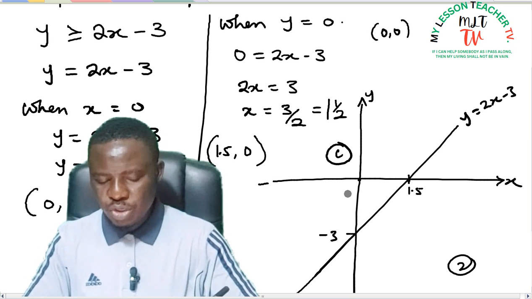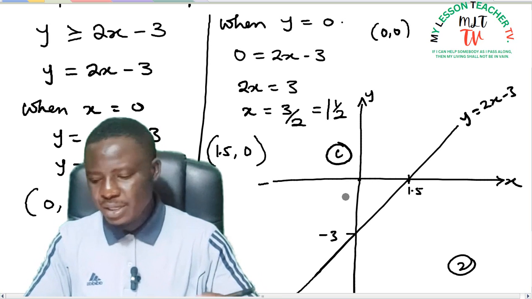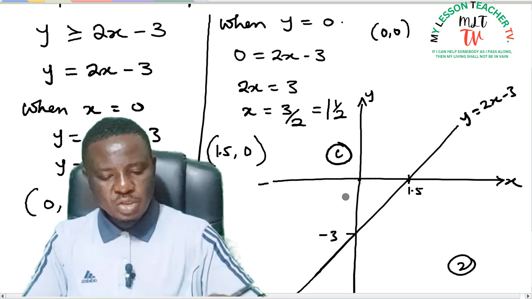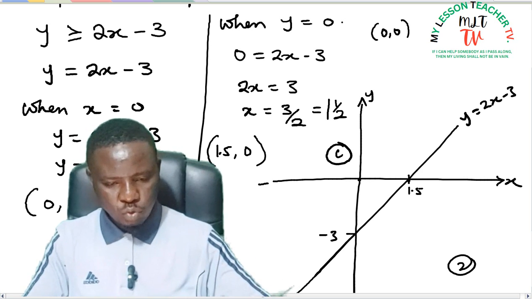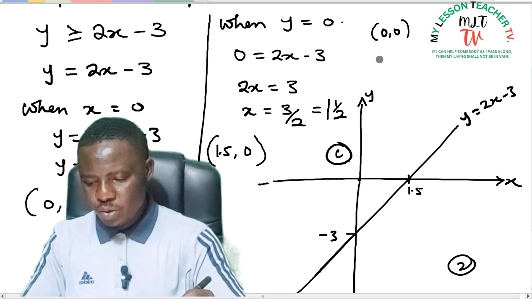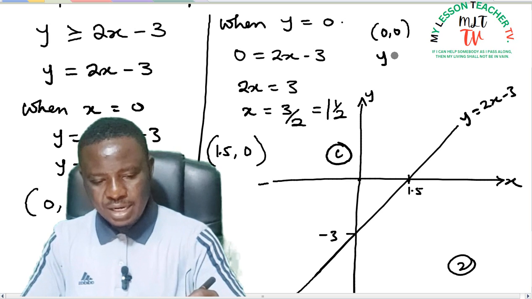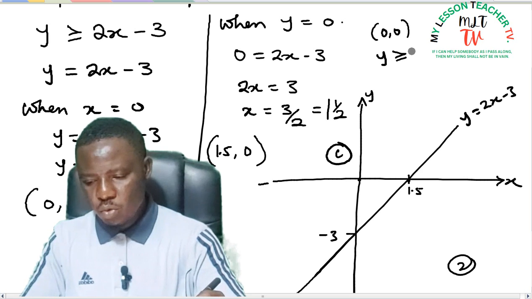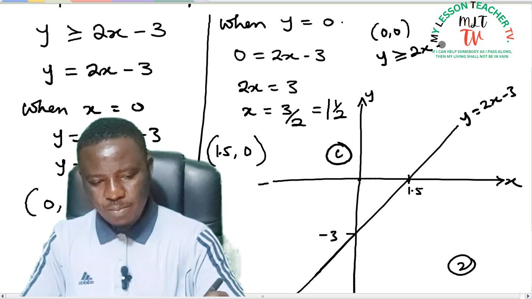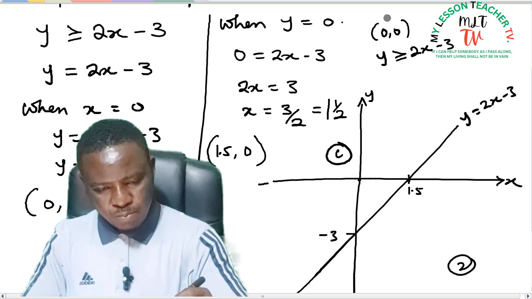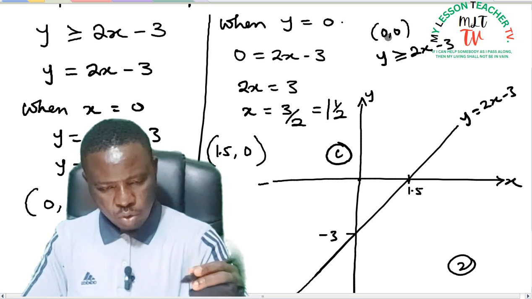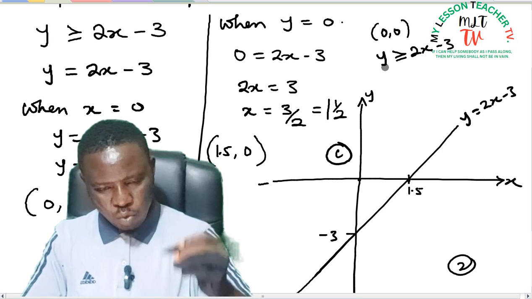Now, when we test the origin, it will tell us if region 1 satisfies the inequality or region 2. With this, we then have the inequality y is greater than or equal to 2x minus 3. Now, with this point 0, 0, will it satisfy this inequality?